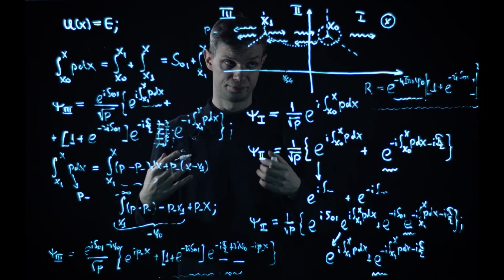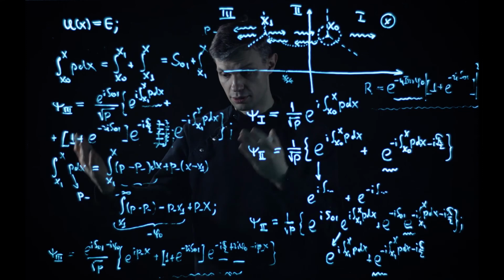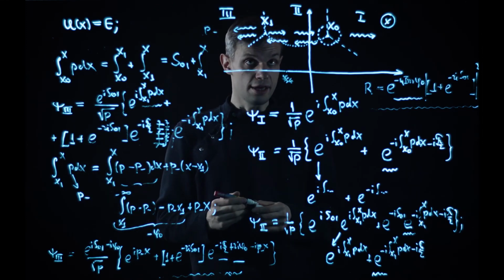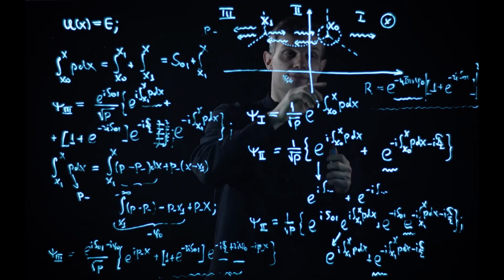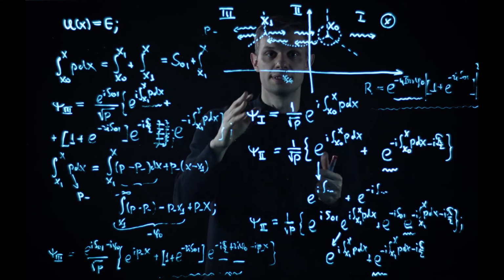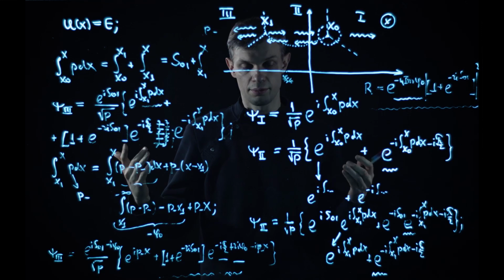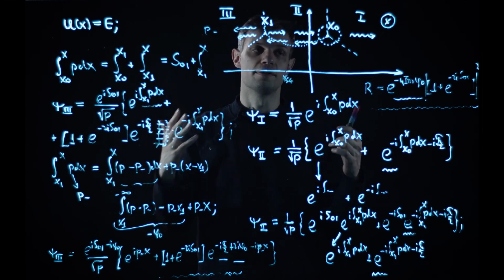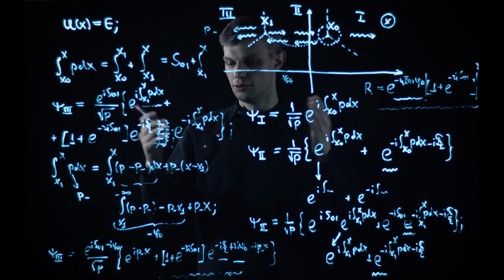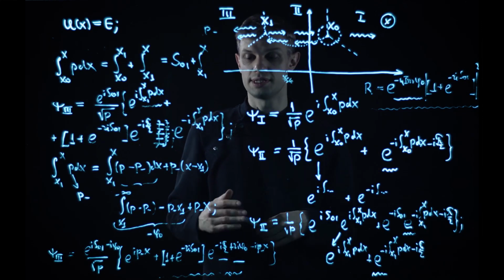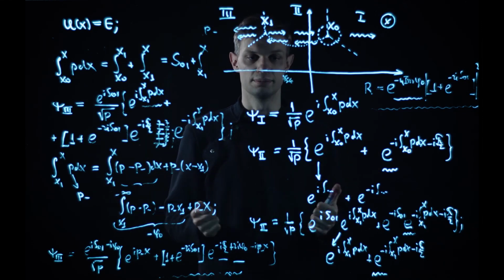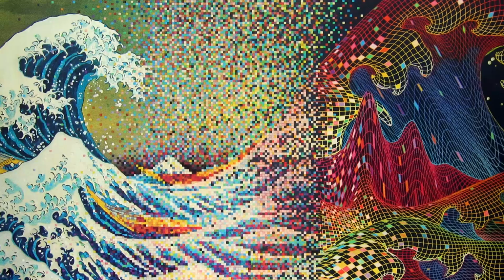Only in this case is this whole consideration relevant. If you have both turning points closer to each other than, for example, the wavelength of the incoming particle, then all this consideration is, of course, irrelevant, and you should treat the problem in a different manner.